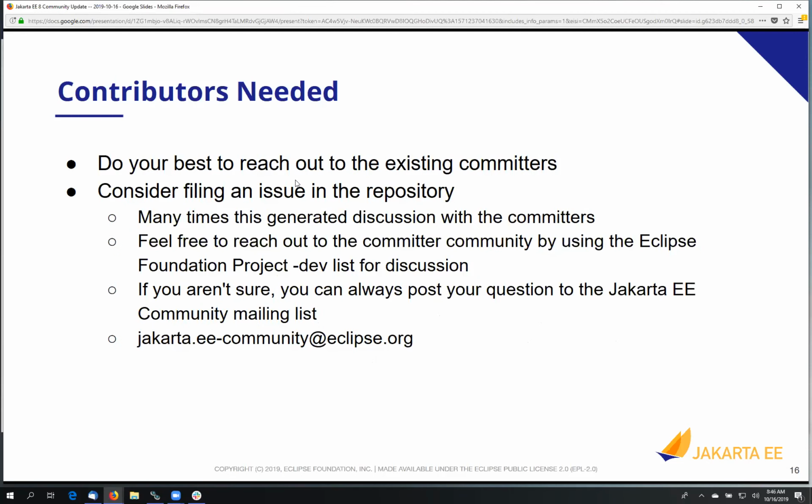Suggestions, right? Do your best to reach out to the existing committer group using either the project's development list or perhaps by initiating a discussion through the issue tracker. Sometimes people will just make a contribution, and to the committers it may look like it's coming out of the blue, and they maybe don't recognize that they need to take action.